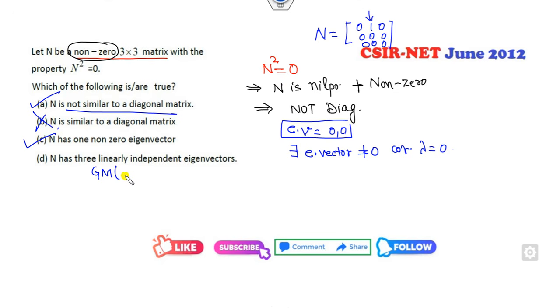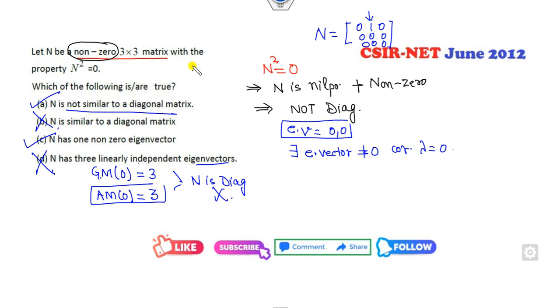What does it mean? Linearly independent eigenvectors means geometric multiplicity of the eigenvalue is 3. Again it is not possible because algebraic multiplicity of 0 is 3. It means N is diagonalizable, which is not possible. So this option is also cancelled. A and C are the right answers of this problem.